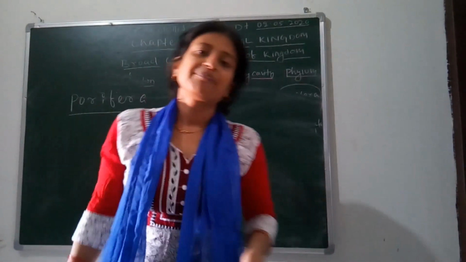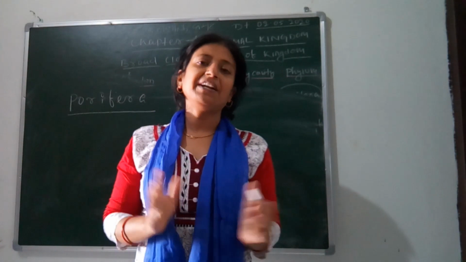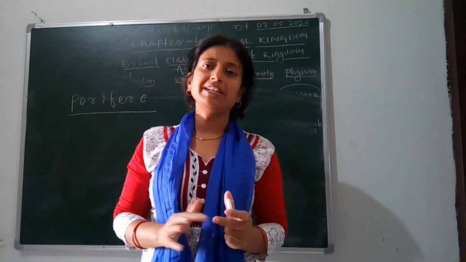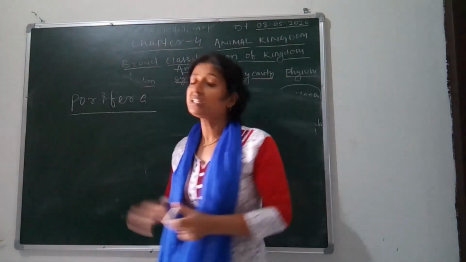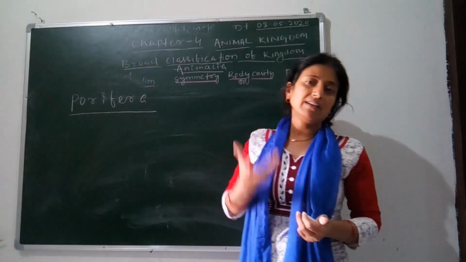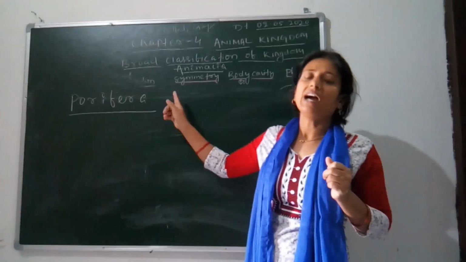Like plants, when we studied different divisions of plants, we studied their habitat, mode of nutrition, mode of reproduction. Here we will study their level of organization. Porifera come under cellular level of organization, and its habitat is completely aquatic.